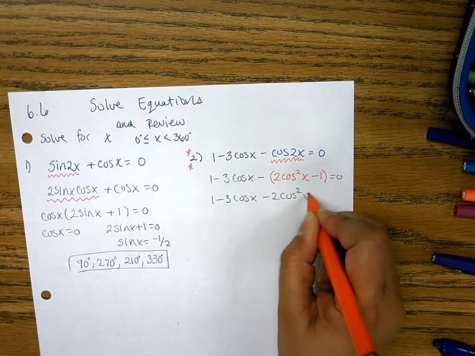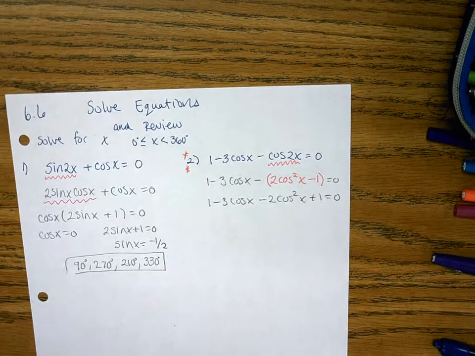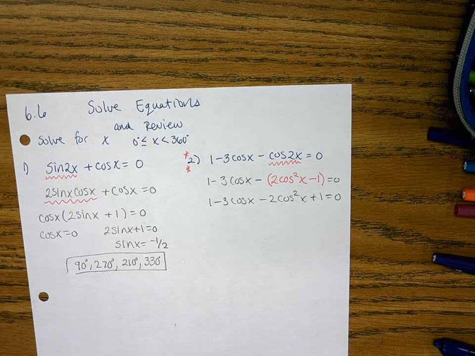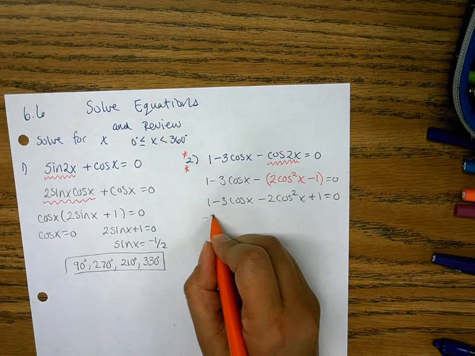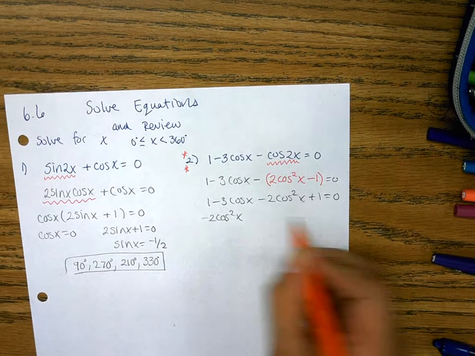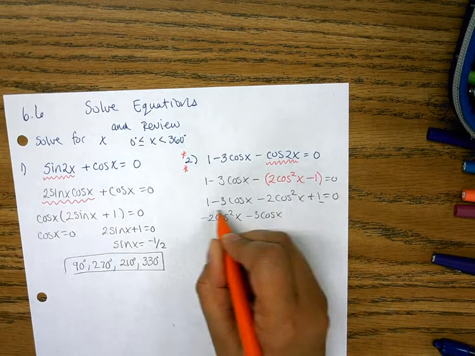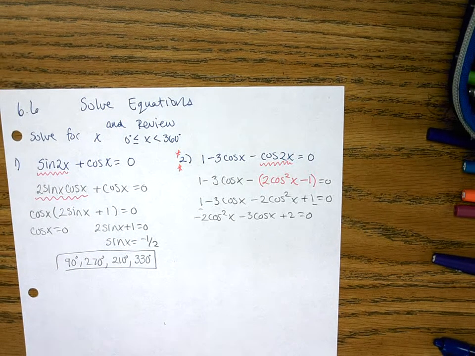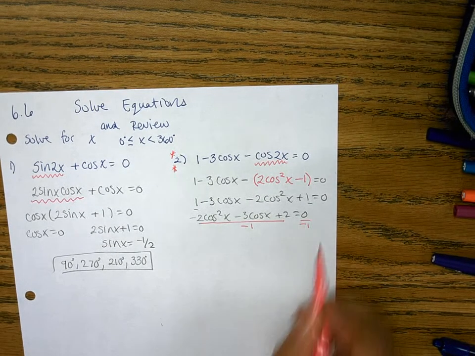Equals 0. 1 minus 3 cosine x minus 2 cosine squared x plus 1 equals 0. All right, combine like terms and put in order. I'm going to put the negative 2 cosine squared x out front, then the minus 3 cosine x in the middle, and then 1 and 1 is plus 2 equals 0.